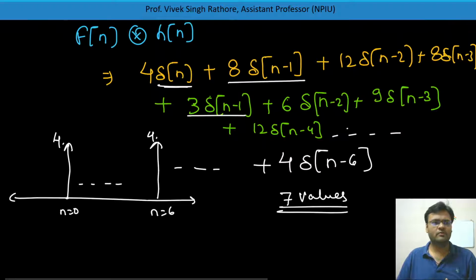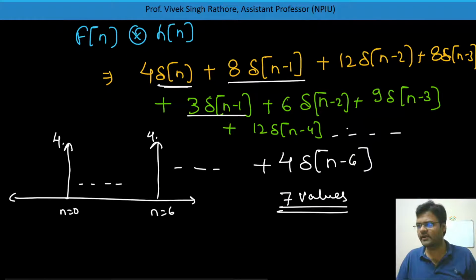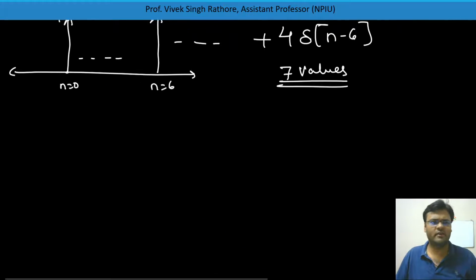Okay, so I think more points will be there. 3 minus 3 is 6, and 5 and 3 3 the 6. Okay, so this will be there. Delta n minus 6: 0 1 2 3 4 5 6, 7 values.